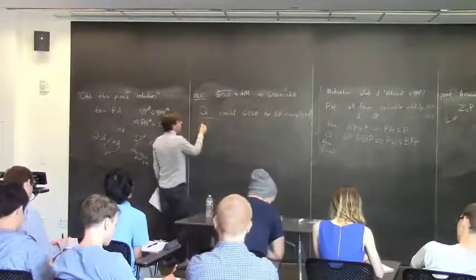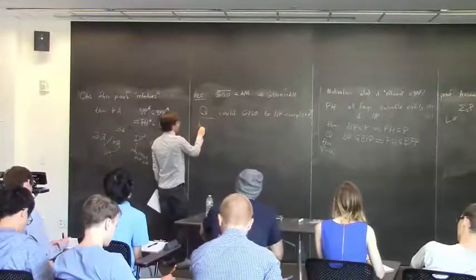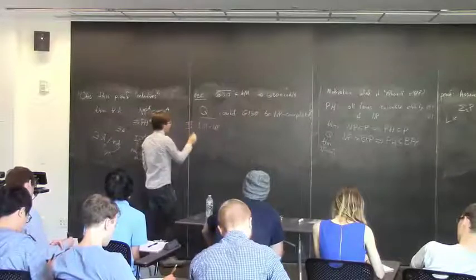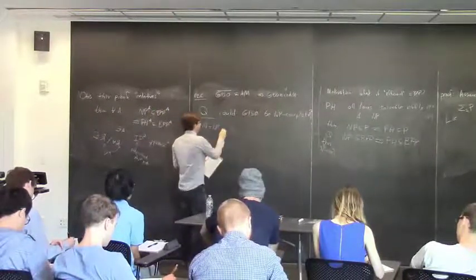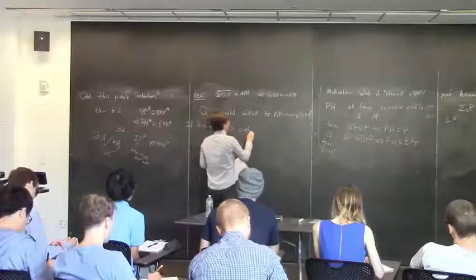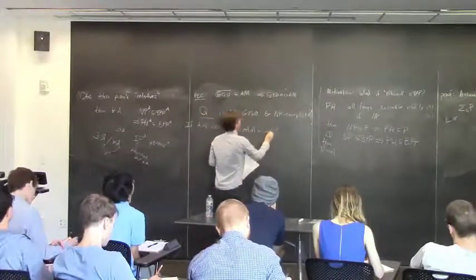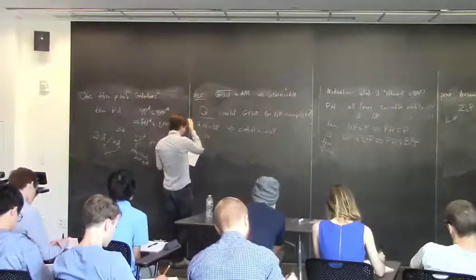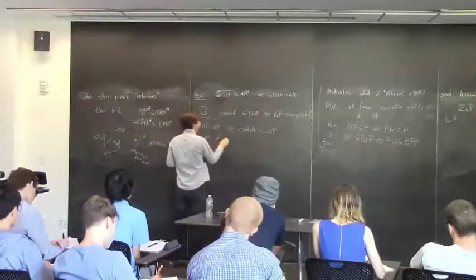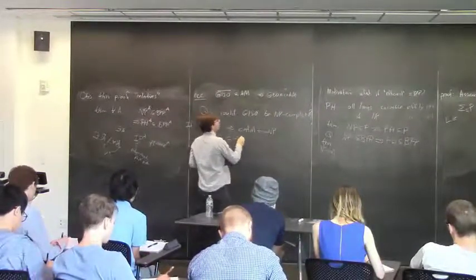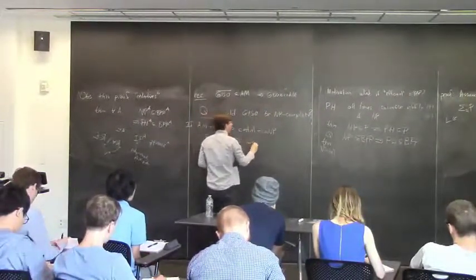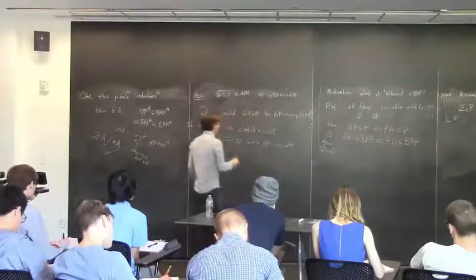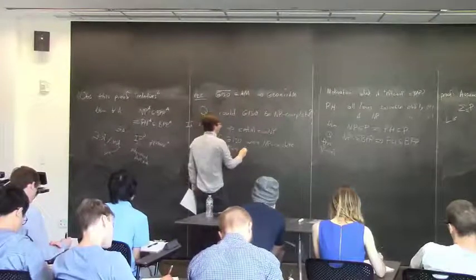So remember actually when I introduced these, I said that a general belief is that AM is actually equal to NP. And if this is true, well, that would imply that co-AM equals co-NP. And if graph isomorphism, which is in co-AM, were NP complete, well, then NP would equal co-NP.